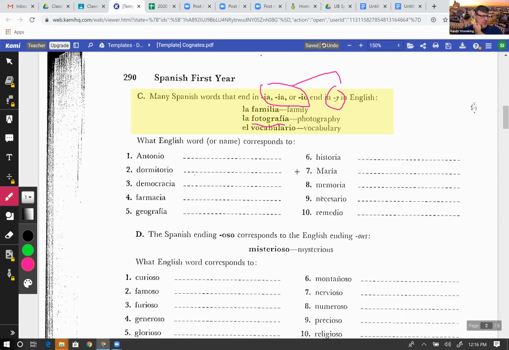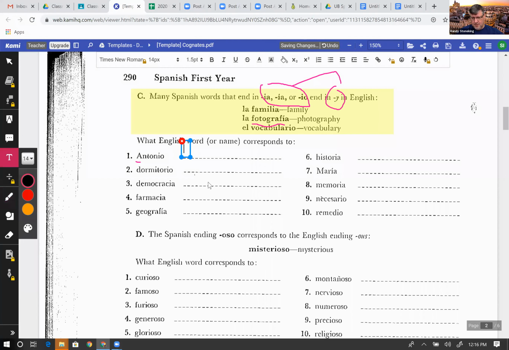So here we go. First one on the list is Antonio, and it's capitalized, so we know it's a name. What do you think that is? Anthony or Antony? Either one, yeah. So Antony is the original name where we get the name Anthony, but it's the same thing.